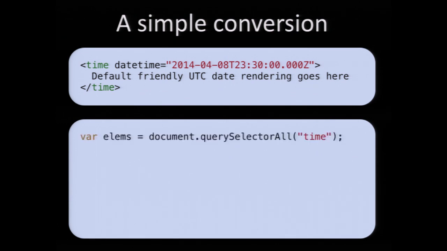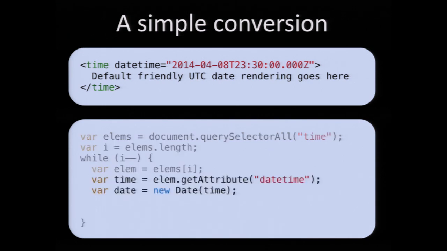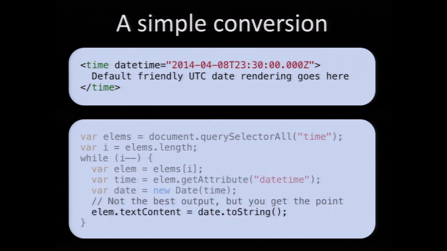So you grab the elements, you quickly loop through them, you get the datetime attribute, pass that straight into a new Date object, which recognises the ISO format, but it has then converted that UTC absolute timestamp into your local time, and you can just output it in some way that probably is more friendly than toString.